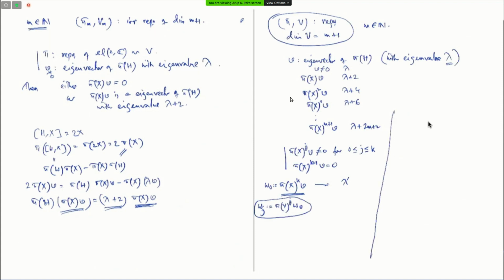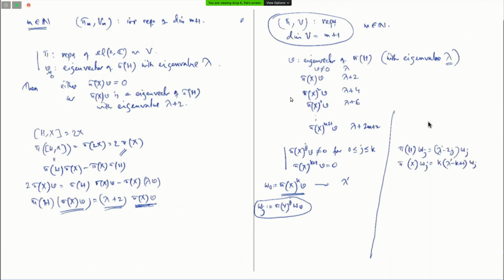Again I'll just skip the computation. If you complete the argument and do the computation, what we'll get now is that pi h w_j equals lambda prime minus 2j times w_j, and then pi x w_j is, if you do the computation, you will get exactly this.